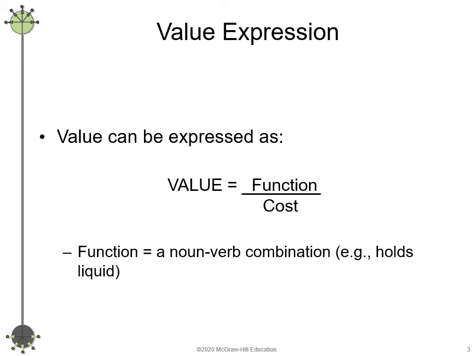First we need to know what value means here. Value can be expressed differently. One way is to define value as the fraction of the different functions that a product or a service could have, divided by the total cost. We normally express functions as a verb-noun combination, for example, holding liquid.